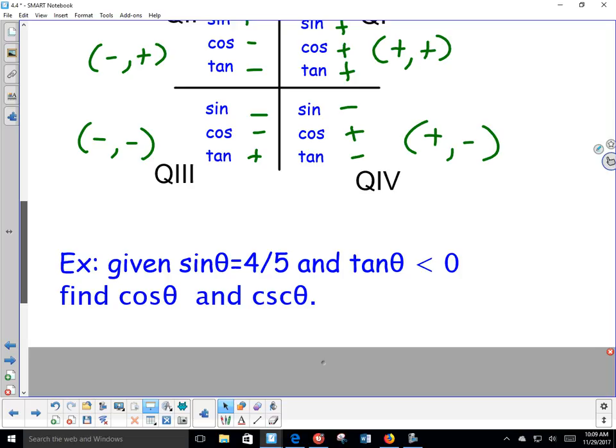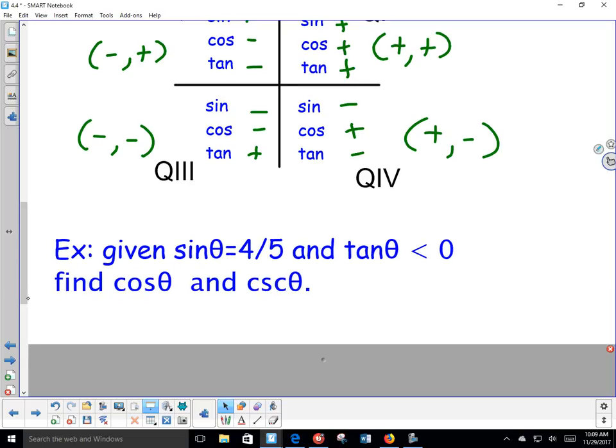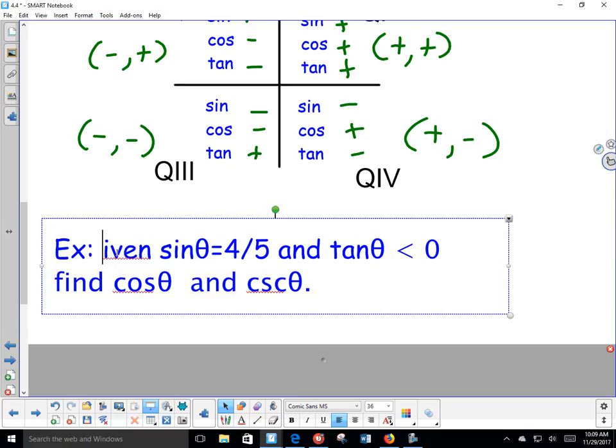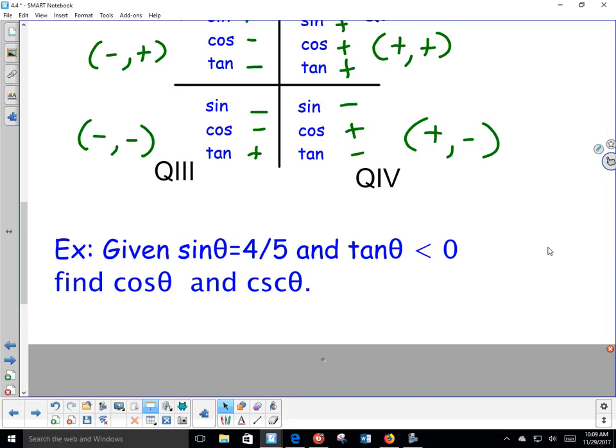All right. So let's take a look at this problem. The given information is that the sine of theta is equal to 4/5 and the tangent is less than 0. Find cosine of theta and the cosecant of theta.